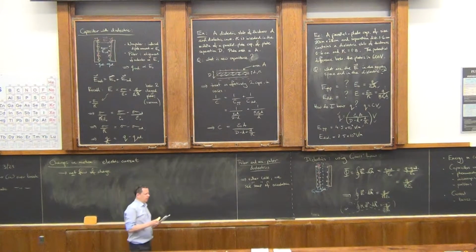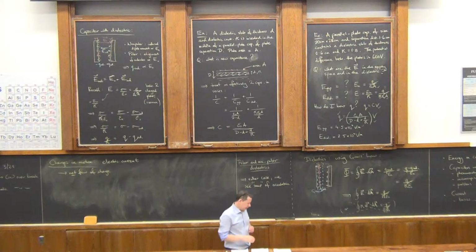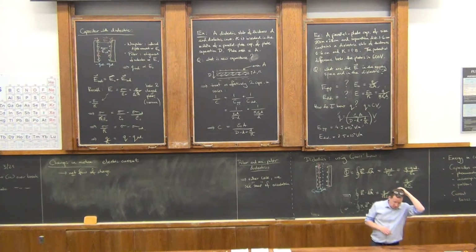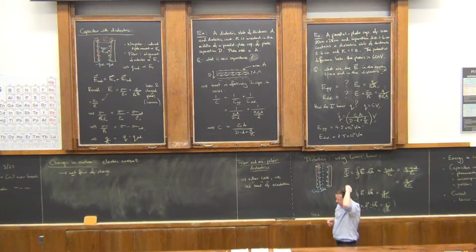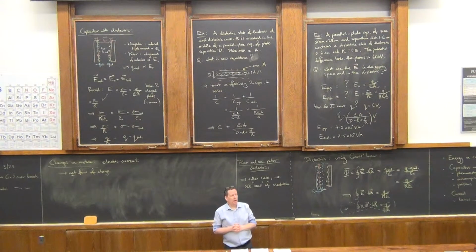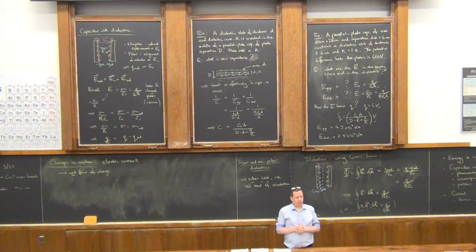I've been kind of a little lazy, maybe lazy is not the right word, remiss in talking about the realities of conductors. We need a conductor for charges to be in motion. So we've allowed conductors to have positive charges move arbitrarily, negative charges to move arbitrarily.